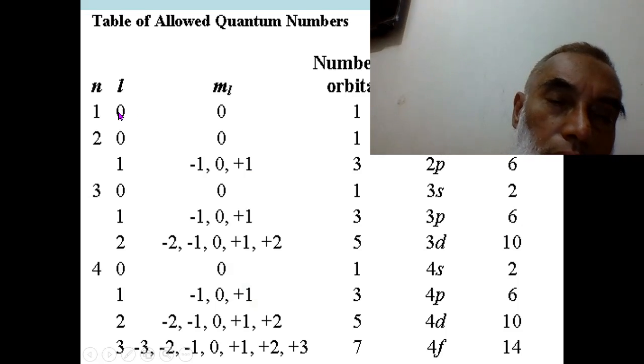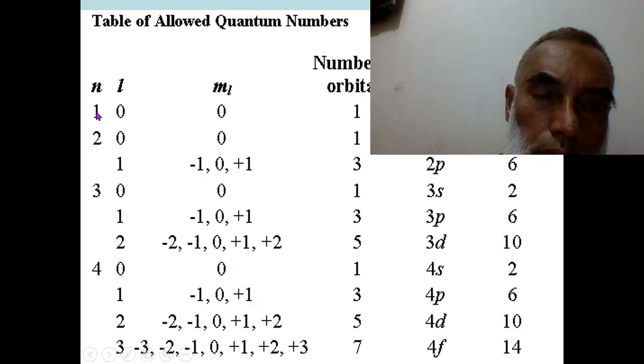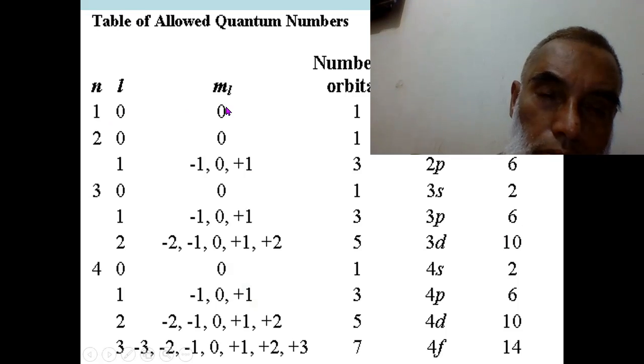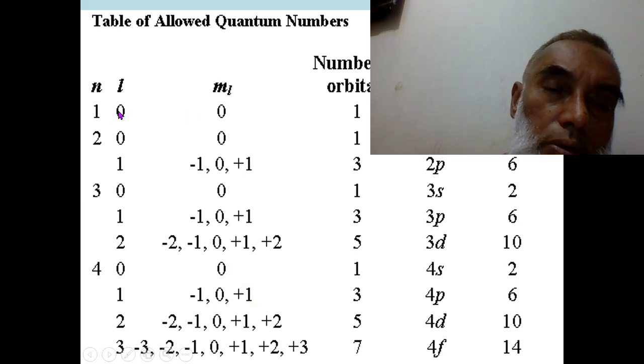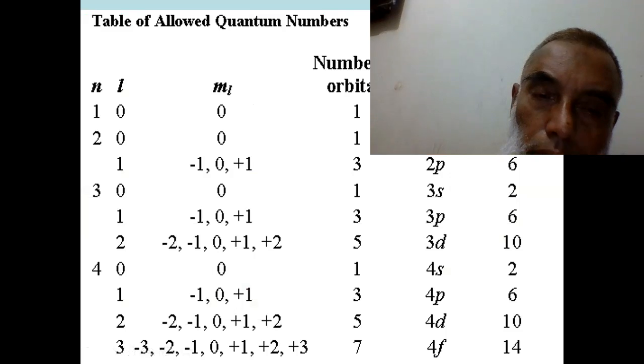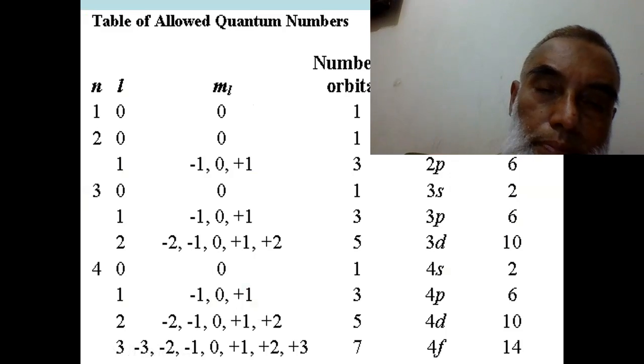In this way, for each orbital and corresponding to the principal quantum number, there should be a magnetic quantum number. There only one orbital is there. This is known as s orbital. So its magnetic quantum number will also be 0, and it will have two spins, plus half and minus half.